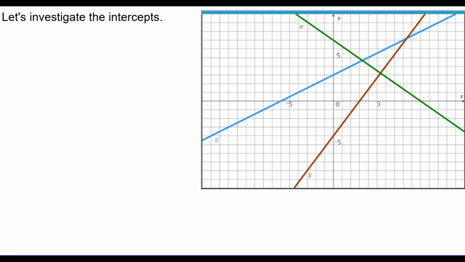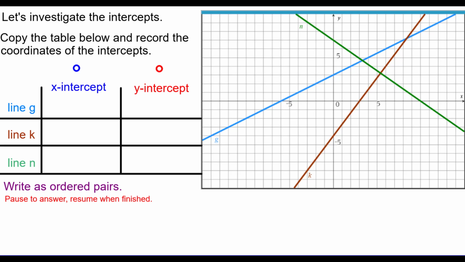We'd like to investigate the intercepts so that you understand them more generally. So what we'd like you to do is copy this table onto your paper, record the coordinates of the x-intercept for each and the y-intercept for each. Pause to answer this, and resume when you're finished. So please do so. All right, so hopefully you did that.